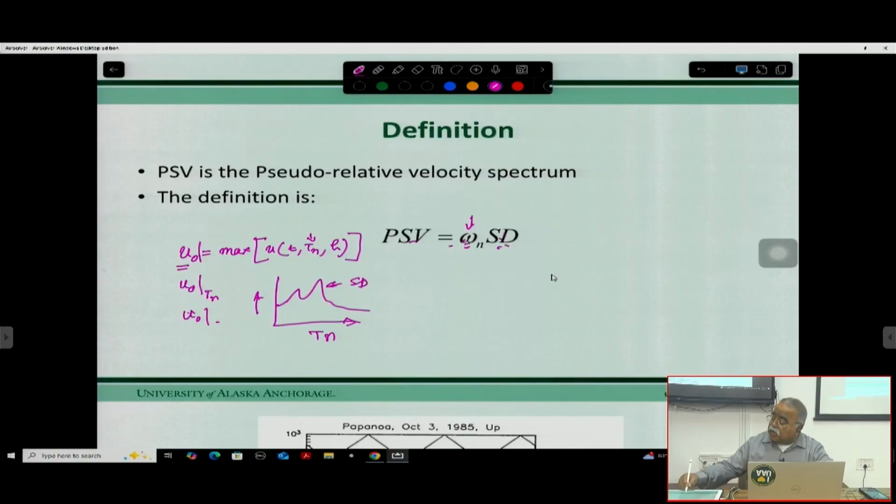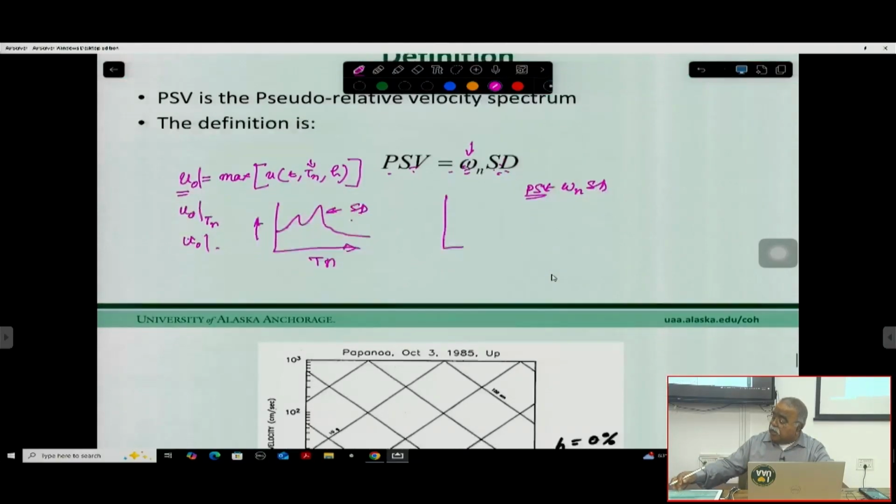After you calculate this, you take your Tn, which is 2 pi over omega n. So you can calculate this PSV, which will be equal to your SD times omega n. That will be the pseudo relative velocity response, which we call PSV, right?